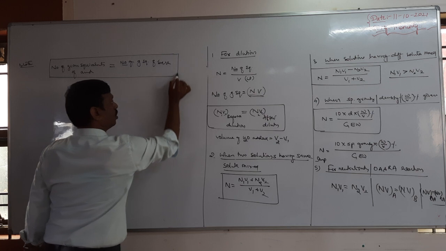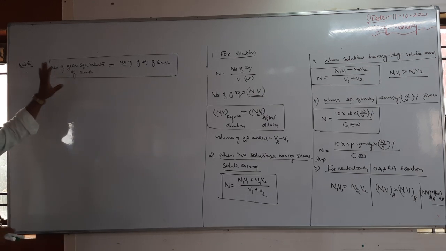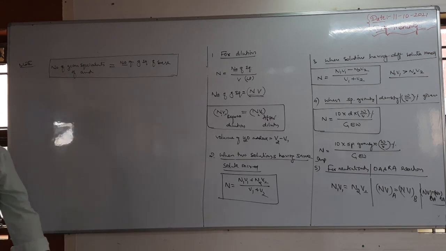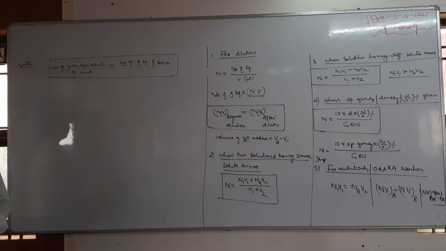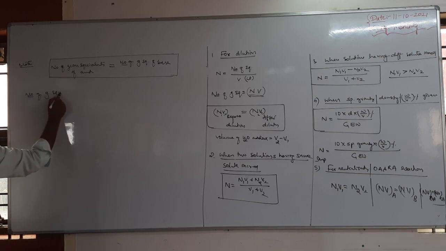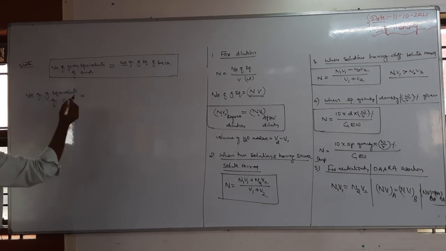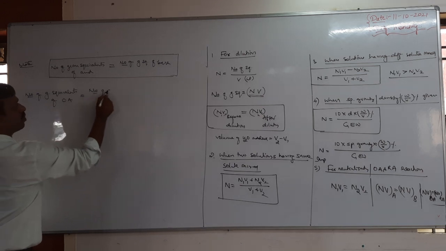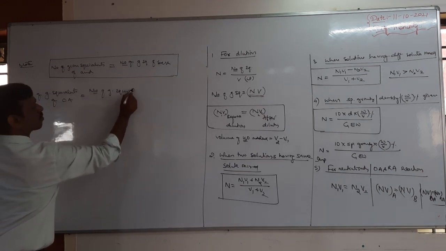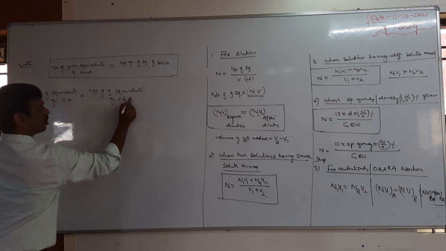It means that for acid base reactions we need to equalize the number of gram equivalents of acid and base. For oxidizing and reducing agents, it is again similar: the number of gram equivalents of oxidizing agent is equal to the number of gram equivalents of reducing agent.